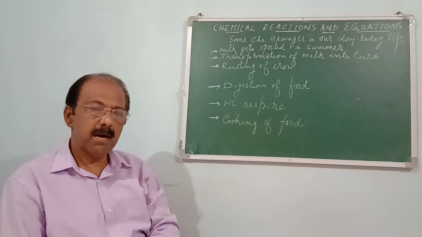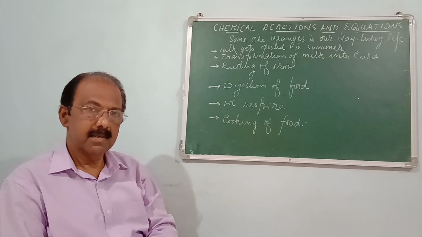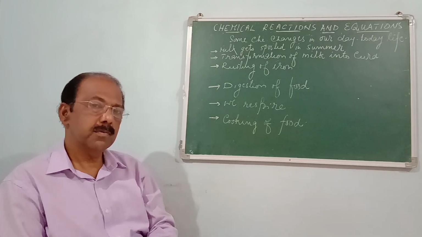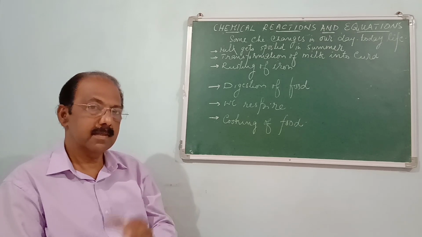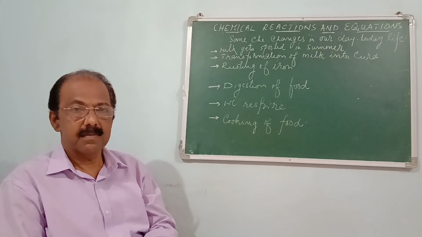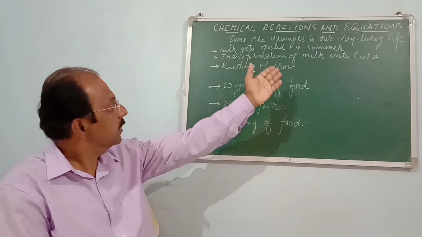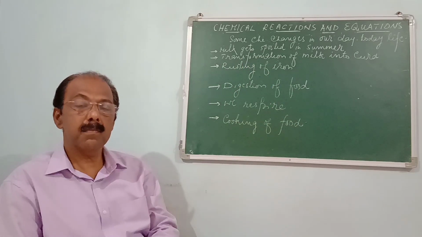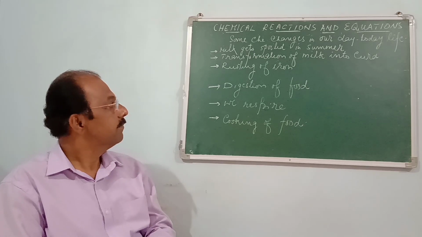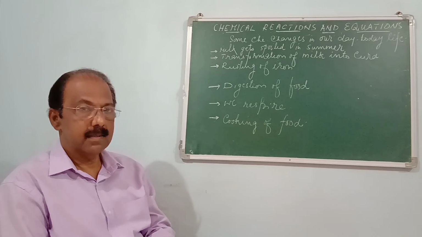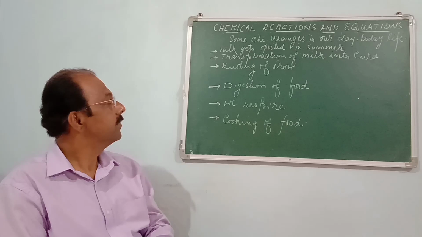Another change you see if you add some buttermilk into milk and keep it for some time, it is transformed into a semi-solid, thick substance we call curd. And some other changes we see if you keep things and materials overnight, they get corroded. We call it rusting. A coating of rust is formed on iron.